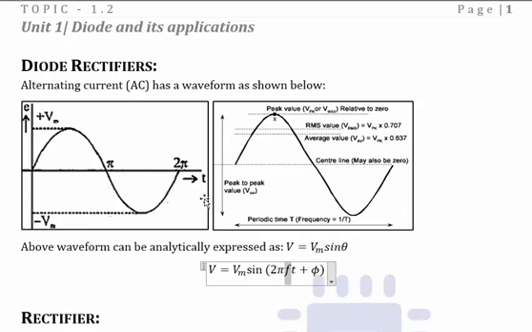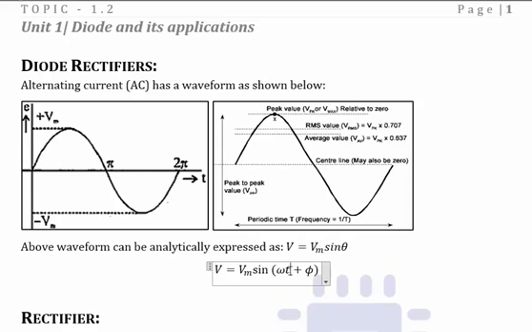This time period is represented by capital T. The time required to complete one cycle of the signal is given by the periodic time T, and frequency can be found from T by this equation: frequency f equals 1 by T. When you take the inverse of the time required to complete the cycle, you will get the frequency. So the frequency can be obtained by inverting the time. So this 2 pi f is actually omega.